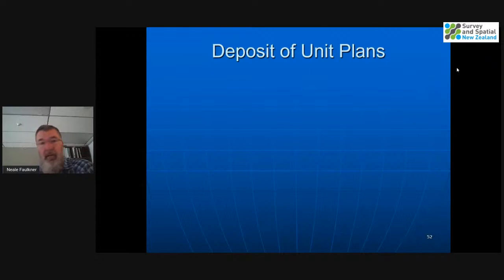So another break, and a couple more questions that I'll try and answer. Does the Unit Title Act allow for unit title subdivision of a vacant site into 2 principal units still vacant and 2 building platforms for future buildings and common property for access?